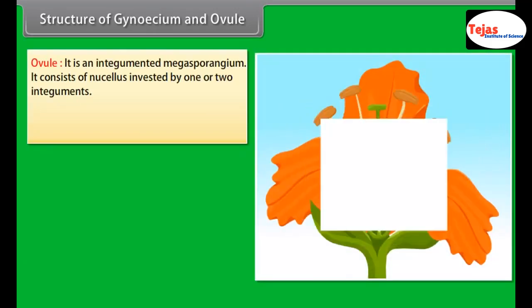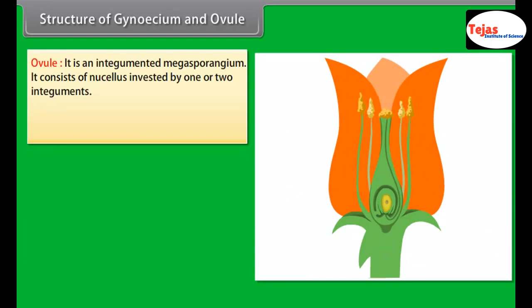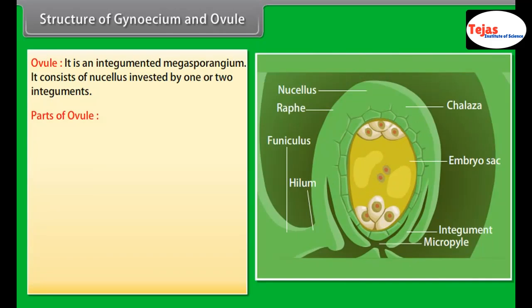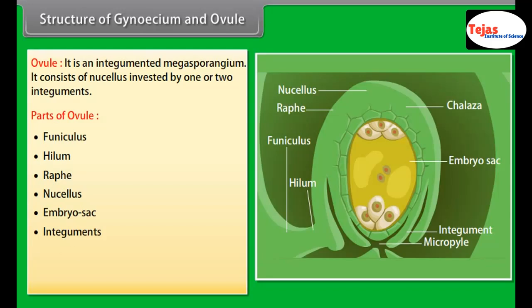Ovule. An ovule is an integumented megasporangium. It consists of a nucellus invested by one or two integuments. Parts of ovule: funiculus, hilum, raphe, nucellus, embryo sac, integuments, micropyle, chalaza.